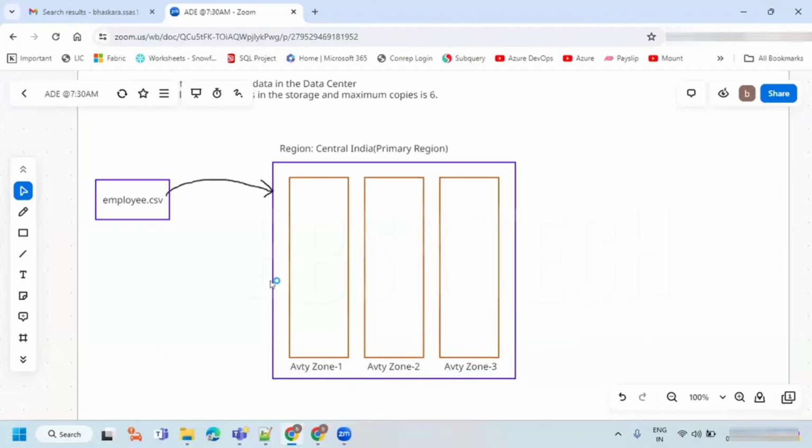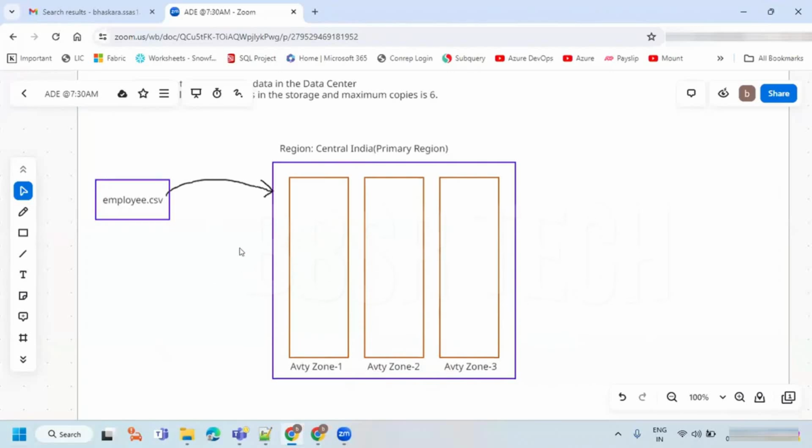Like this, you will have various zones within the region. Within the region, you will have multiple data centers. A collection of data centers is known as a region. In Central India, we have multiple data centers, and in the data center we are going to store it.